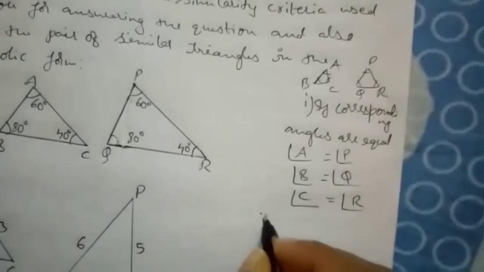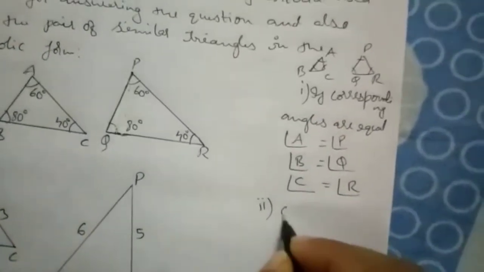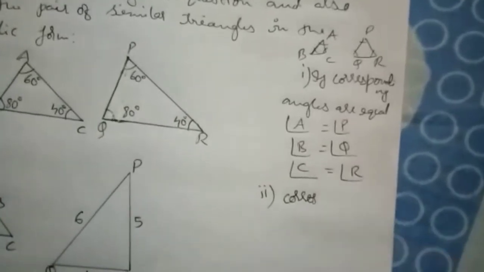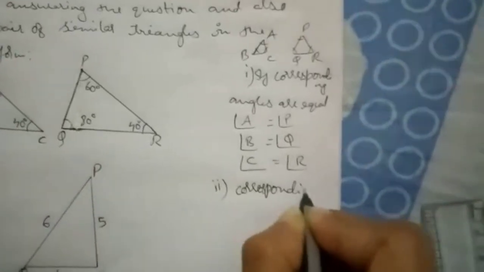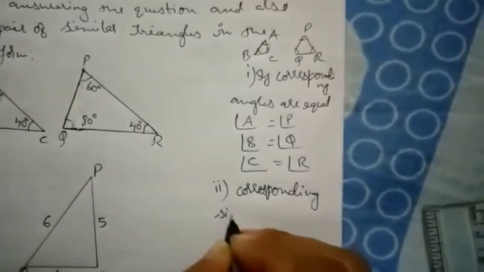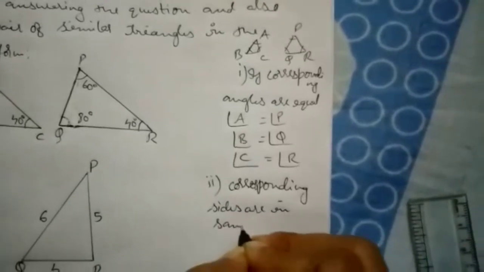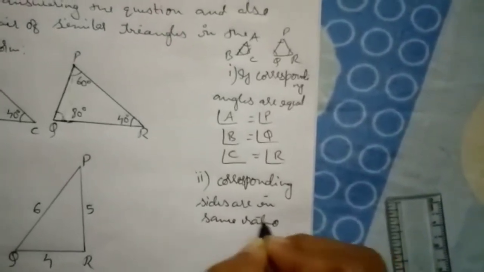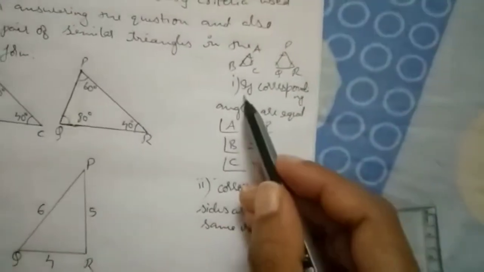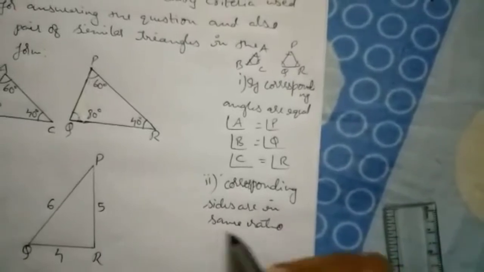Then the second condition is that corresponding sides are in the same ratio or same proportion. So these are the two conditions. If corresponding angles are equal and corresponding sides are in the same ratio.